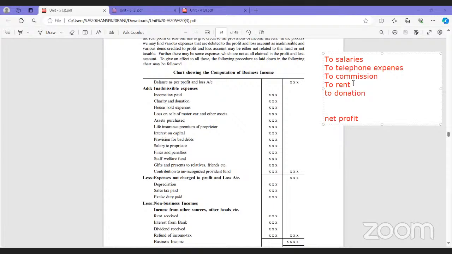They'll write all the expenses, and similarly they write the income. The difference will be net profit or net loss.